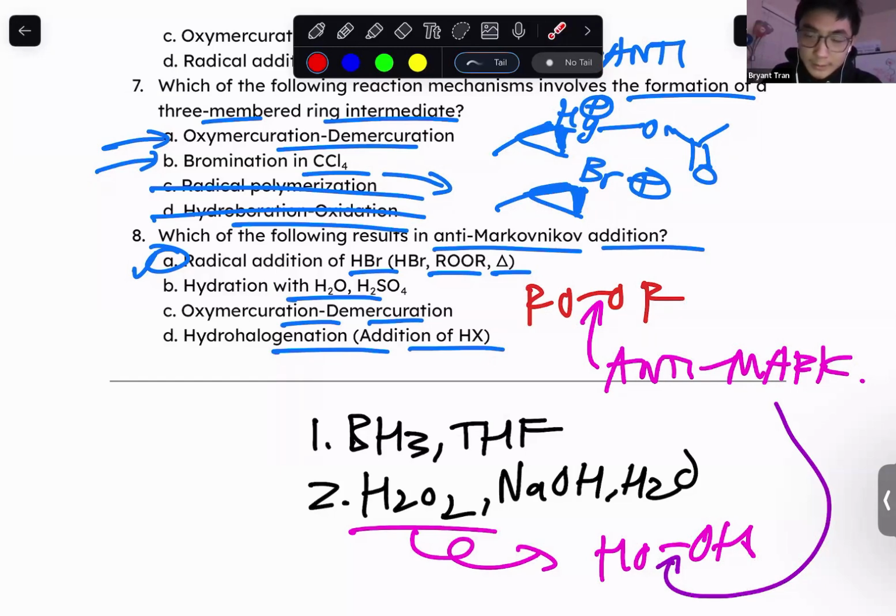But there is something else that can do anti-Markovnikov with ROOR, which is going to be the one with sulfur. Yes, sulfur. And that could either be H2S or HSR.